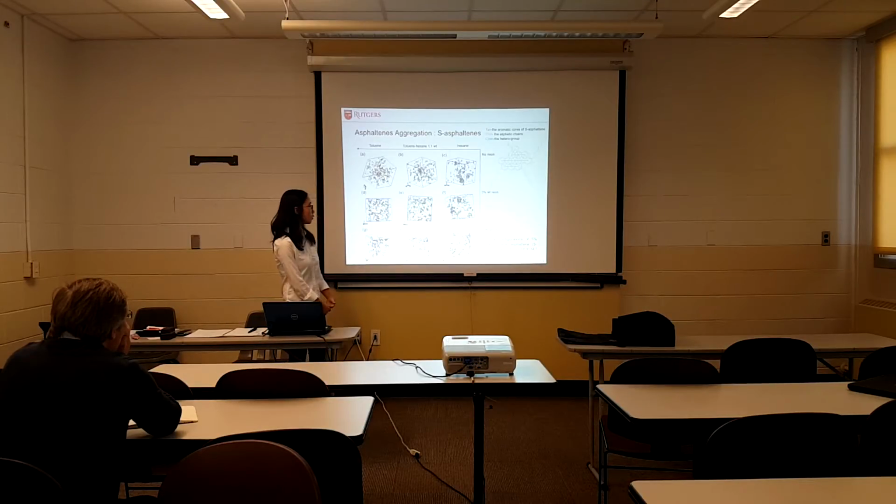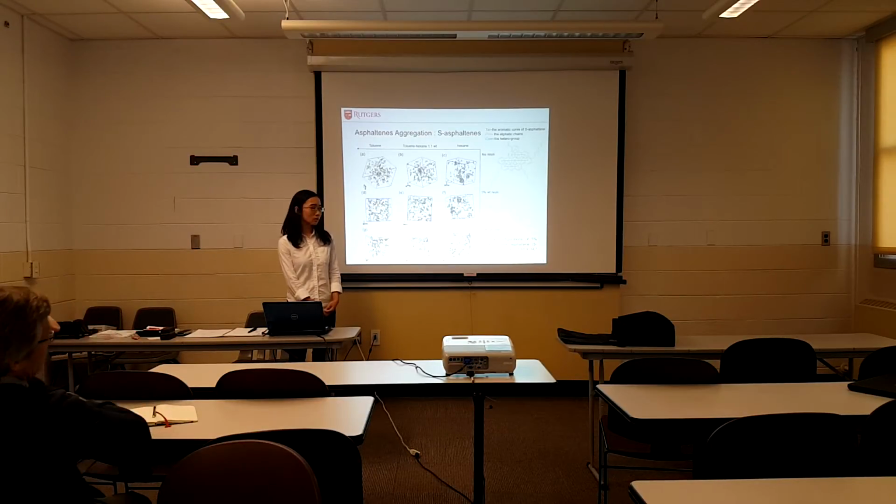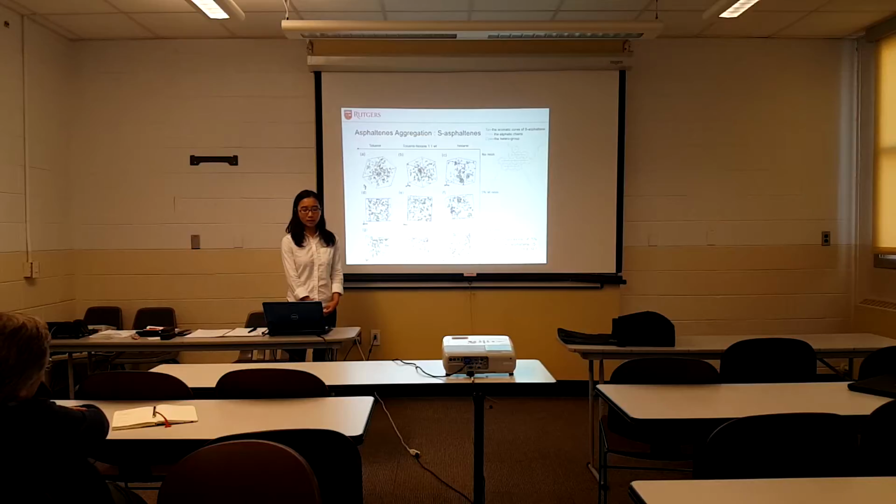By adding 5% of resins to the system, the size of the stacks is slightly changed, and the system becomes more dispersed. By adding 20% of resin to the system, we can see that even in pure hexane solvents, the small asphaltenes are soluble.